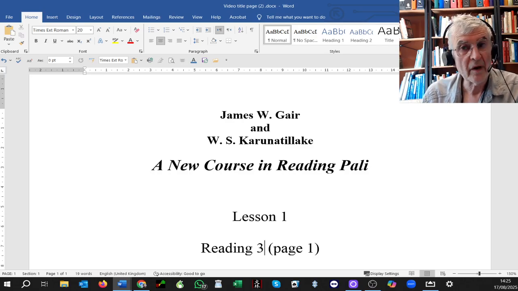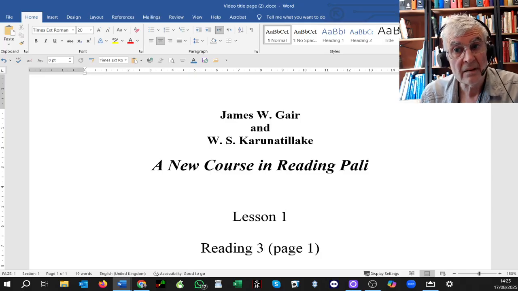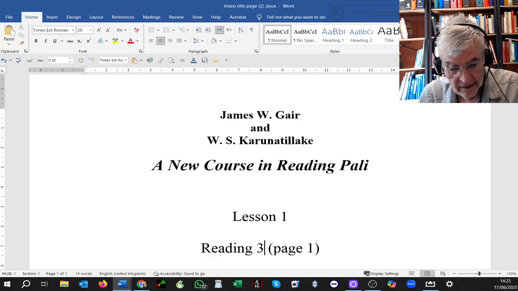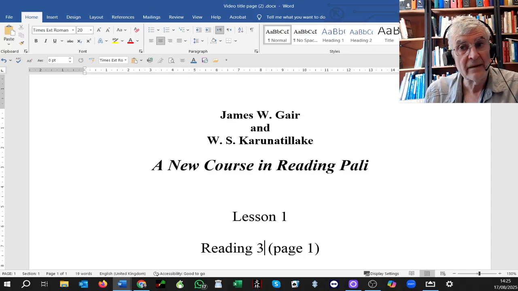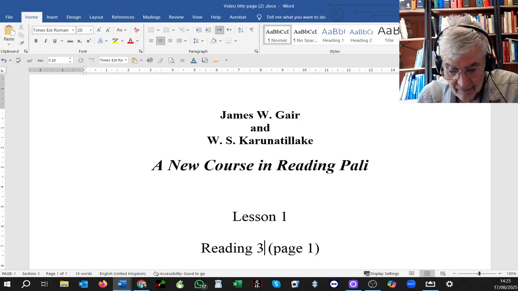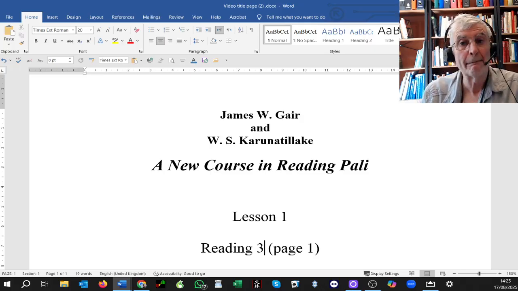Naham bhikkhave anyam ekadhammampi samanupassami yena anupannava akusala dhamma nuppajjanti, uppannava akusala dhamma parihayanti yathayedam bhikkhave sammaditthi.